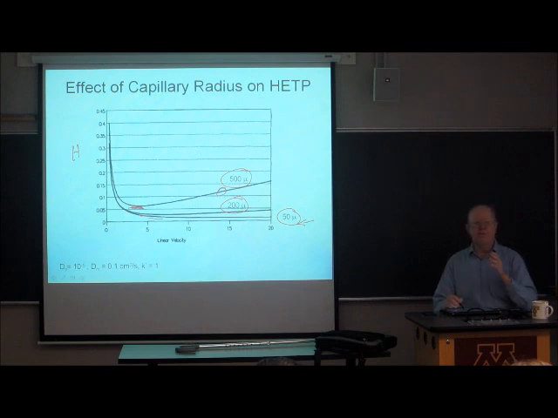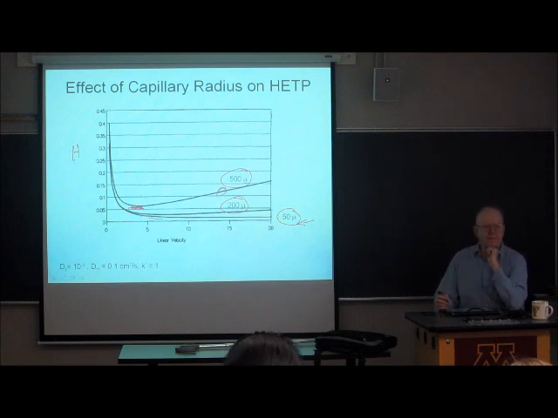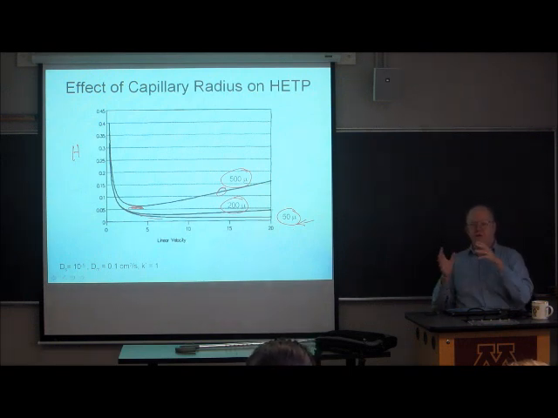In fact, these are called macro bore capillaries, versus a 50 micron ID capillary, which would be called in the trade a high resolution GC capillary column. So clearly HETP does depend upon the scale of the system in gas chromatography. Okay?